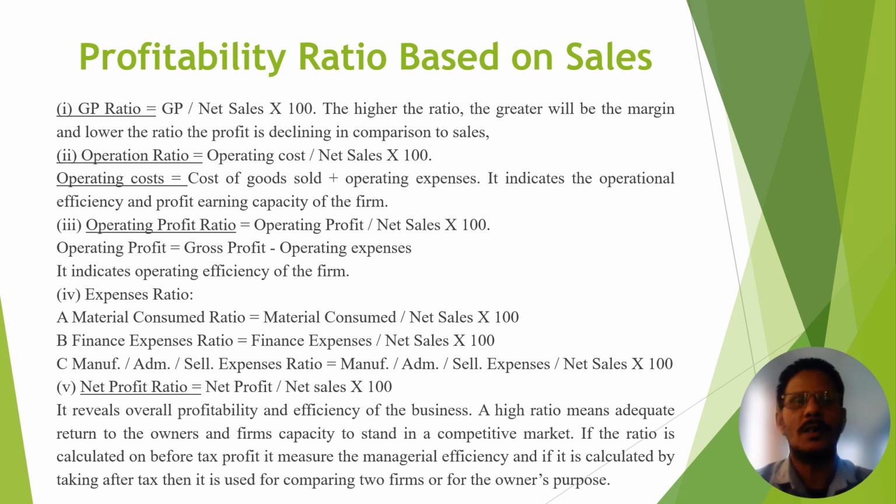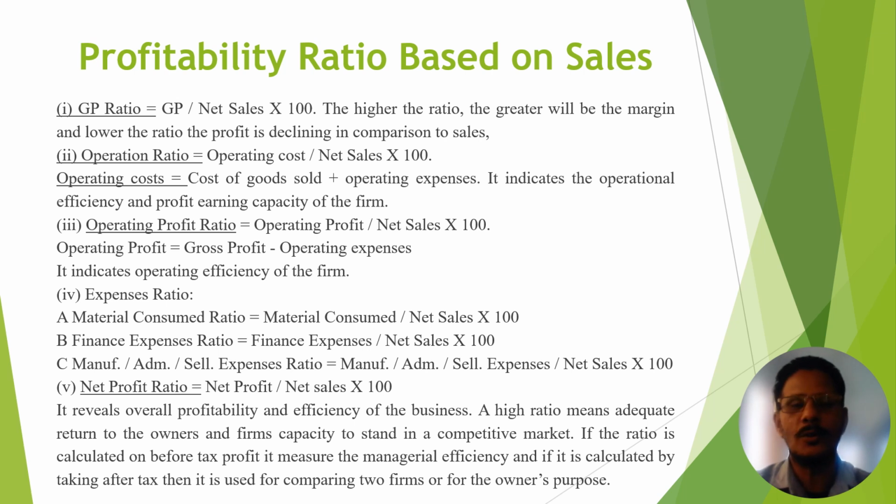Now let's start with the first, profitability based on sales. When we talk about profitability based on sales, it means here we consider our trading account and profit and loss account. It is based on financial results. Now the first ratio, gross profit ratio.